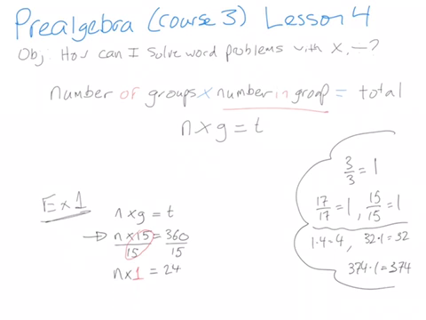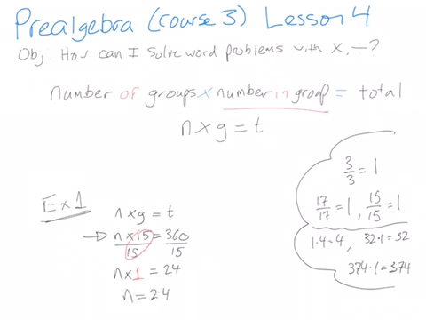Well, and then we're going to use this next principle right down here. Any number, like 4 times 1, gives you back that same number. 32 times 1 gives you 32. 374 times 1 gives you 374. So that same principle will apply right here. N times 1 will just give you n. So then I have n is equal to 24.